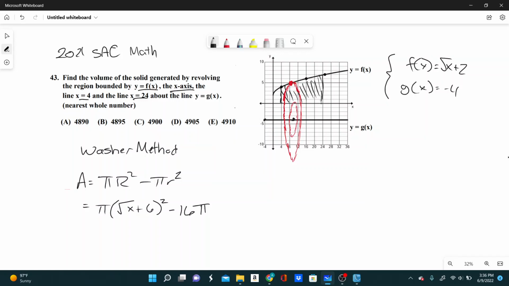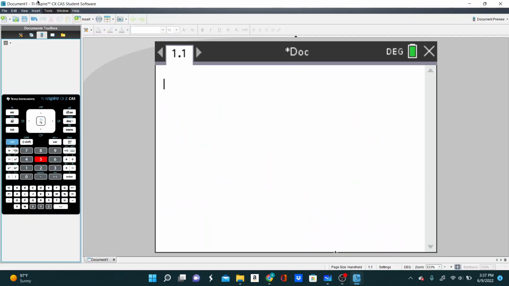So we know what equation we're using, and now we just integrate from 4 to 24 of this expression. I'm actually going to factor out a pi. So it'll be the square root of x plus 6, squared, minus 16, and then we're integrating with respect to x. Let me just get out my calculator, and we can do this.